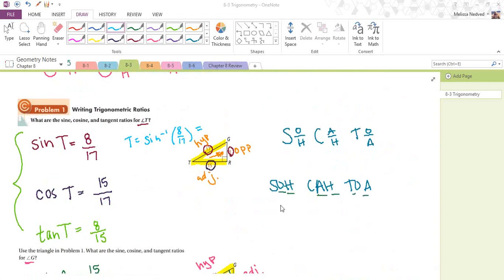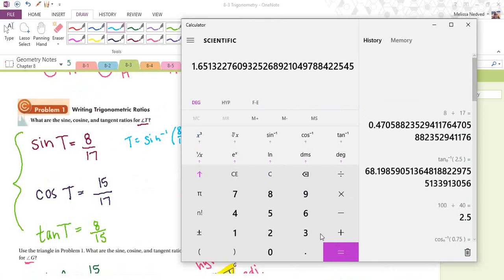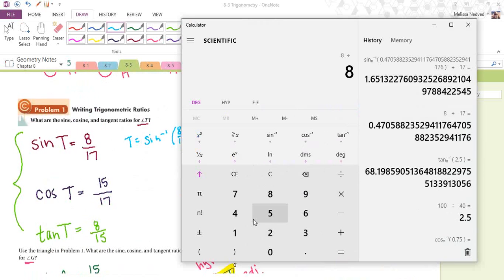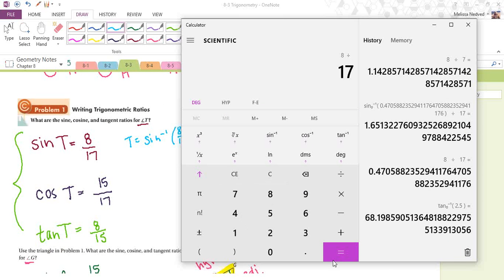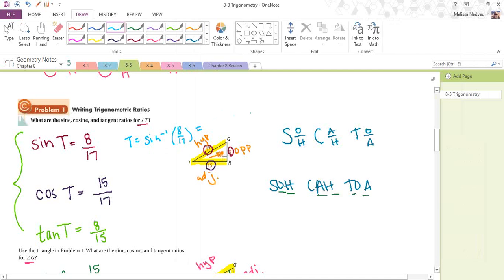Let's figure out what that is. 8/17, enter, inverse sine. Oops, I went too far. Let me try it again, sorry. I'm trying to be quick here and I screw up. 8/17, enter, inverse sine, about 28 degrees. So t is about 28 degrees when we use inverse sine.